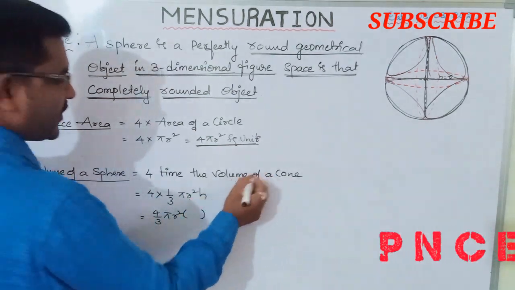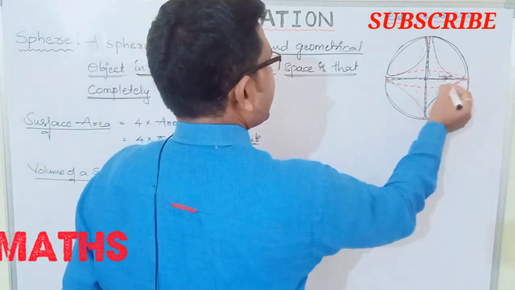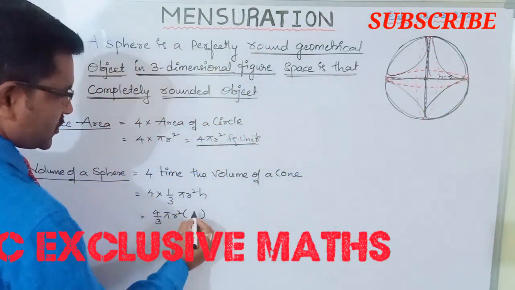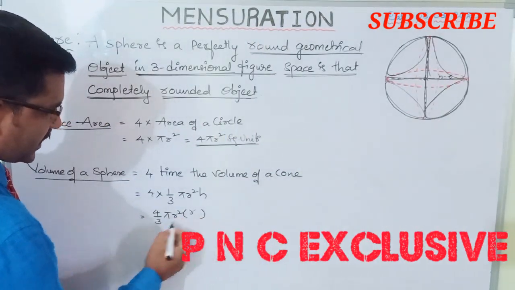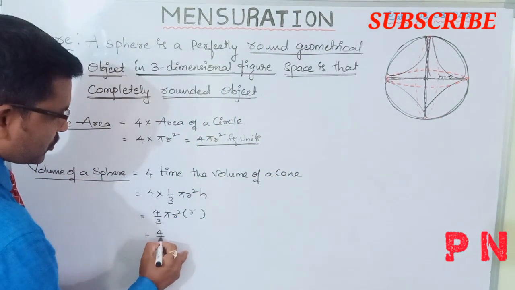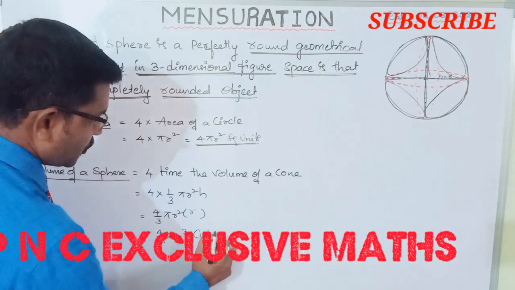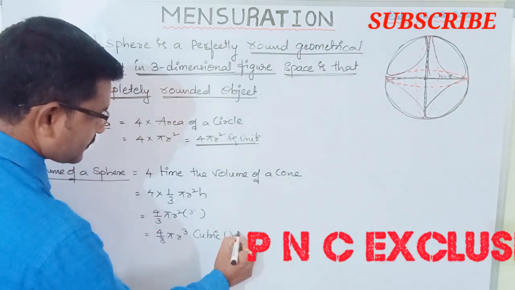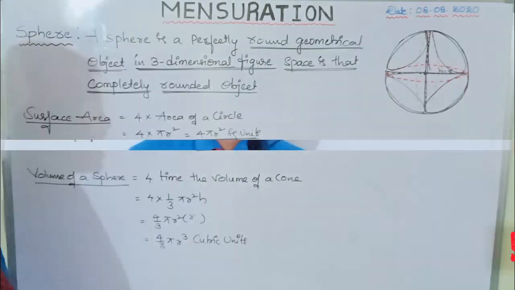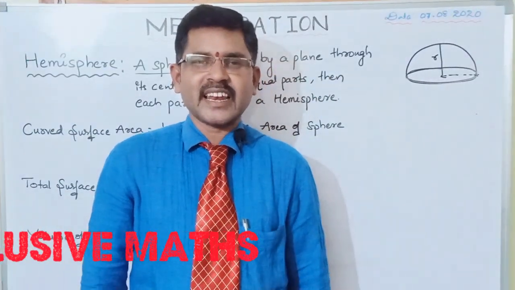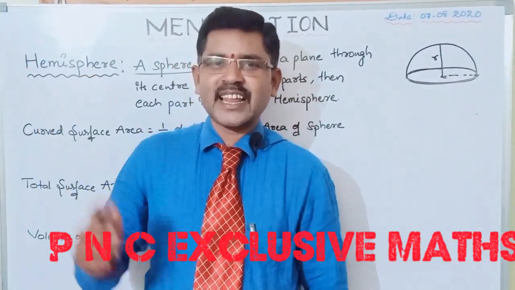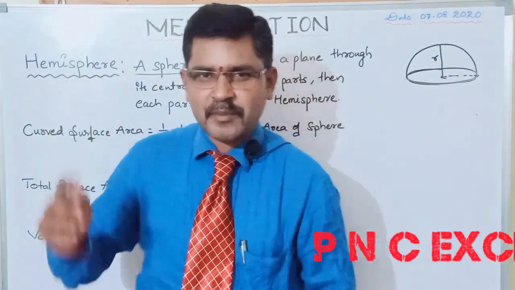Here the height of a cone is the radius of the sphere, that is r. So r square into r gives 4/3 pi r cube cubic units.